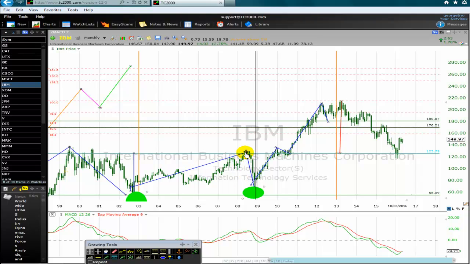The financial crisis forced IBM stock to come back down. This is what has changed. Though we have normally for IBM a 10-year cycle, something has changed in 2008. The stock went down, so we have a mini cycle. This is an exception. That's why I put a black line here.